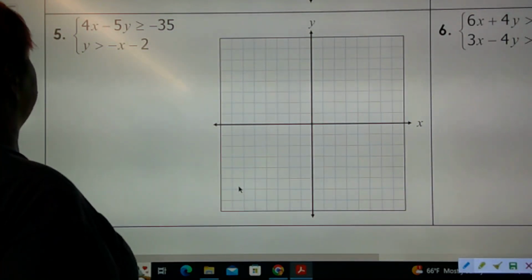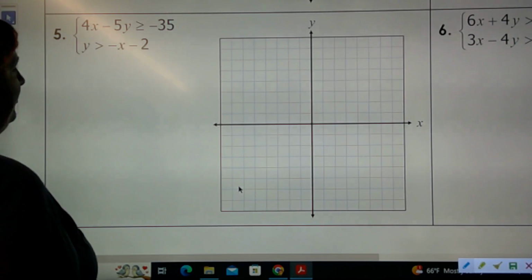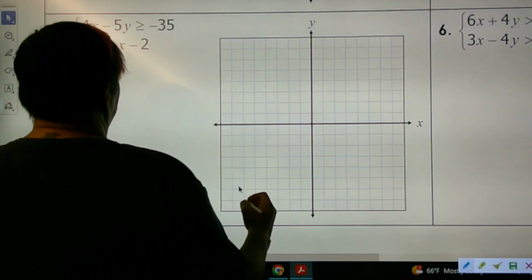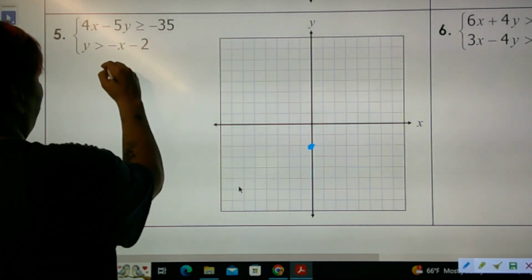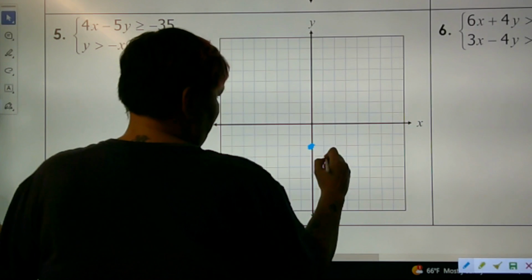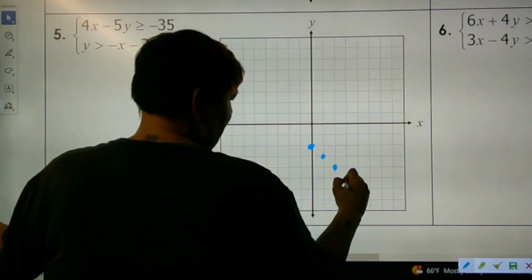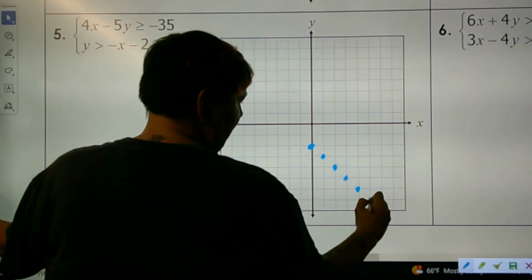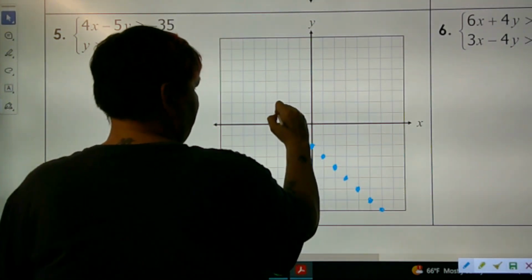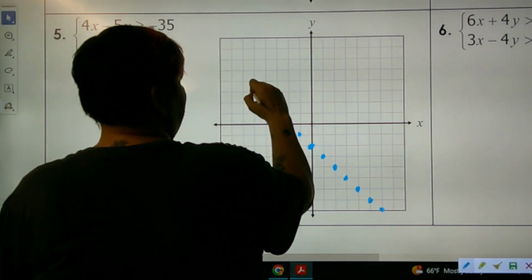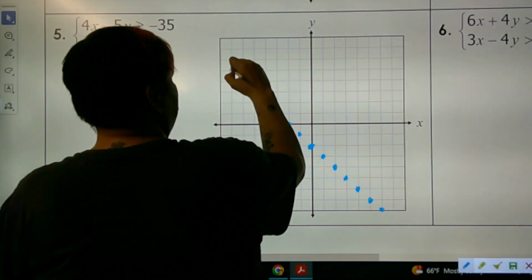All right, this one is in slope-intercept form. Let's go ahead and graph it. So -2, and then -1, down 1, right 1, down 1, right 1, or up 1, left 1. I'm going to do this because I can, and you can't stop me.